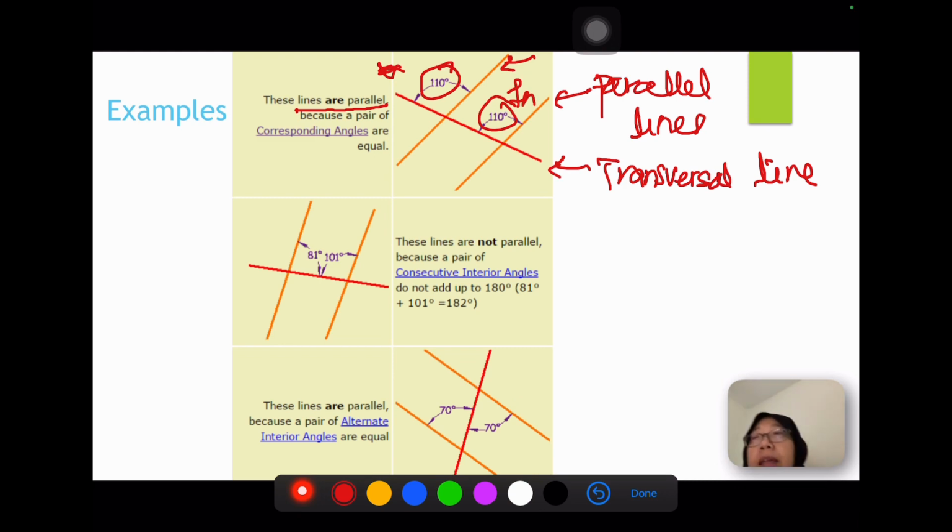And then consecutive interior angles will add up to 180. This is the second one here. When you look at interior angles, they will add up to 180. So this is the interior, and these two will give you 180 degrees.